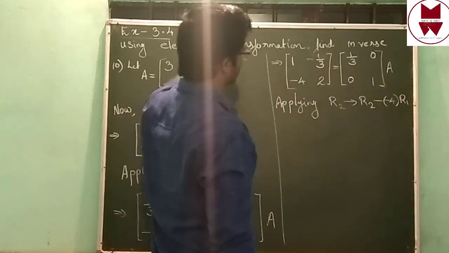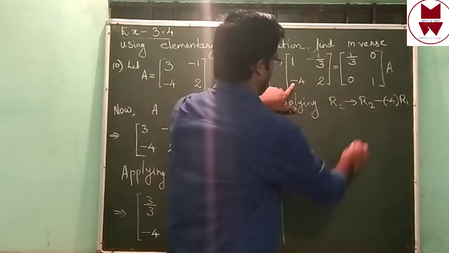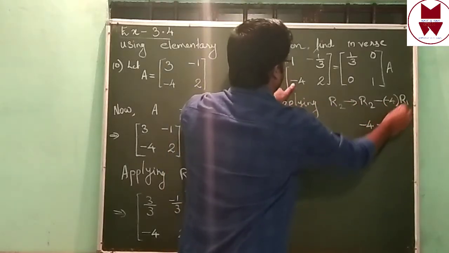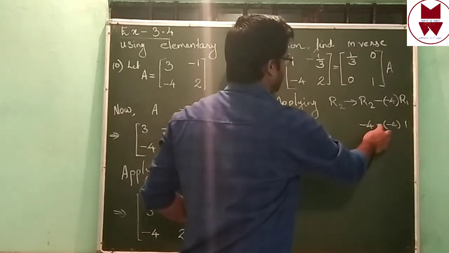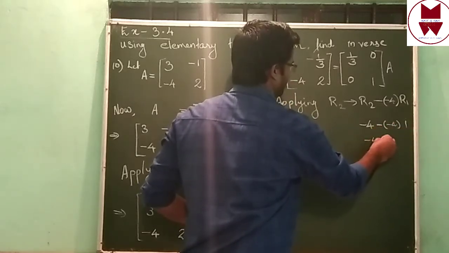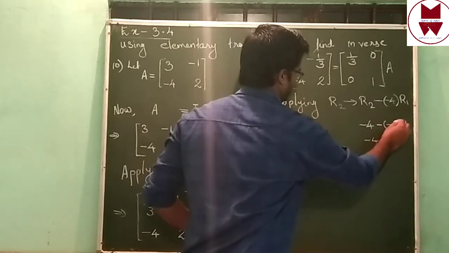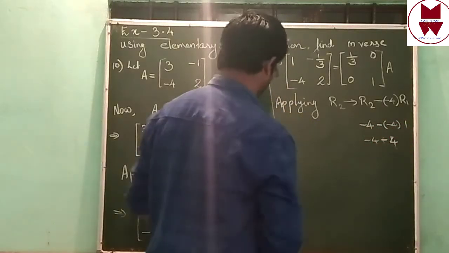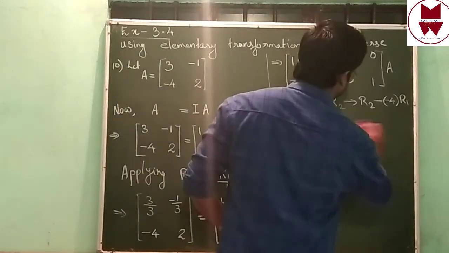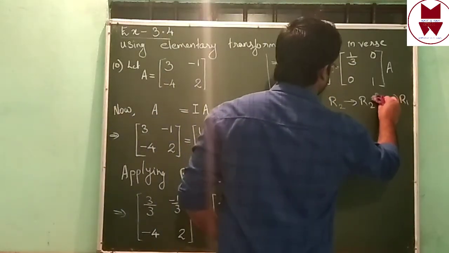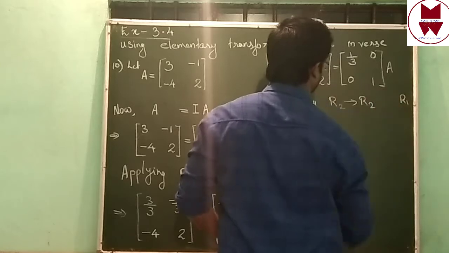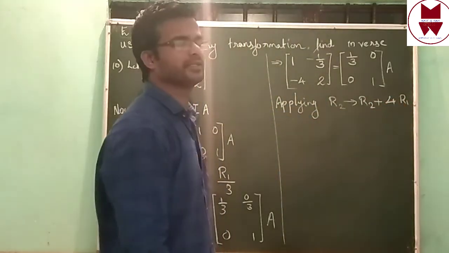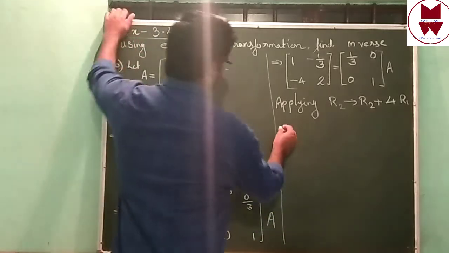Check it: R2 is minus 4, minus, again minus 4 into R1. R1 is 1, and minus minus is plus. Minus 4 plus 4 will be 0. Then here 2 minus is there, directly we can write plus 4. R2 plus 4 R1.